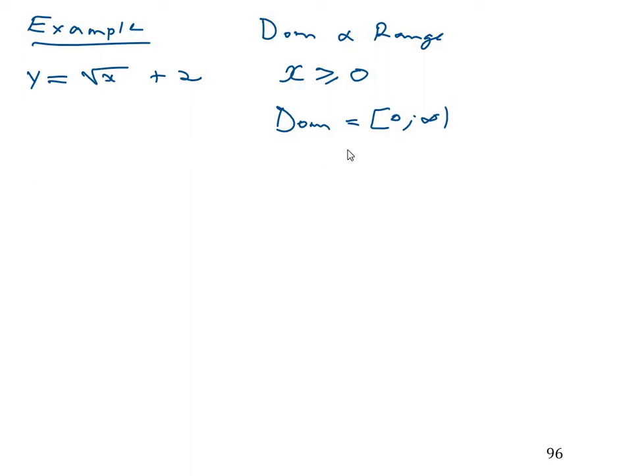Now, remember, the smallest x that I can enter in here is 0, because my domain is fixed. It is defined. So if I take the smallest x that I can enter, meaning 0, and I put the 0 in here, I see my y will give me 2. Okay, so it looks like the smallest y is going to be 2.